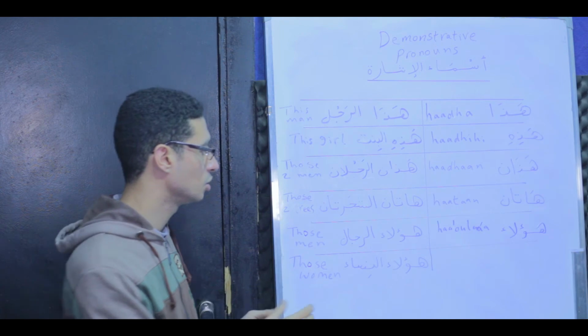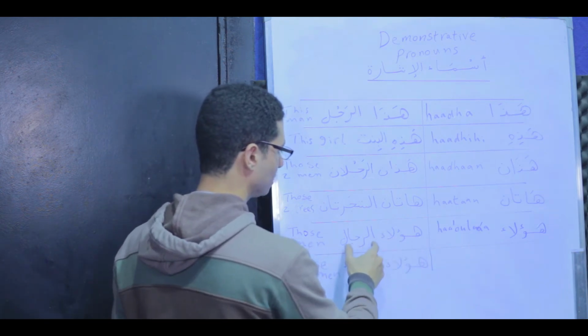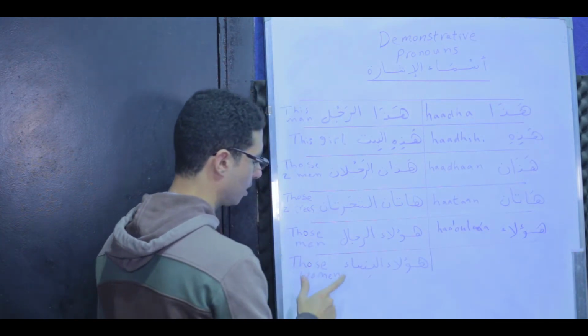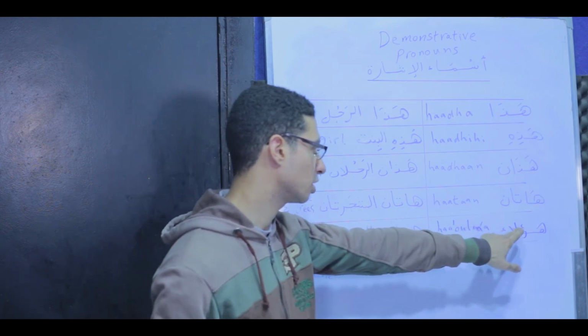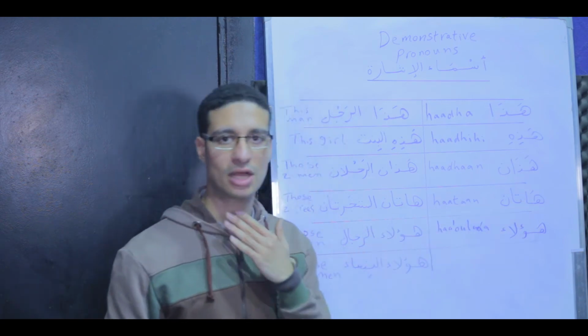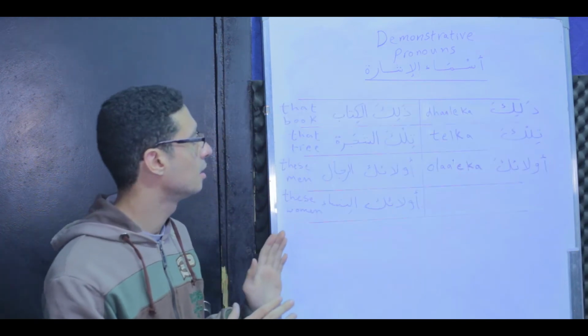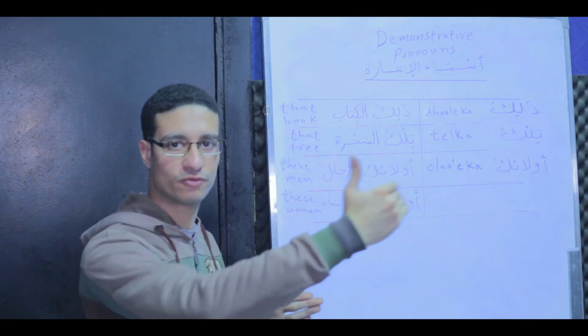We use the same demonstrative pronoun. هؤلاء الرجال, those men. هؤلاء النساء, those women. I know it's a little bit difficult because we have two hamzas here. It's pronounced هؤلاء.